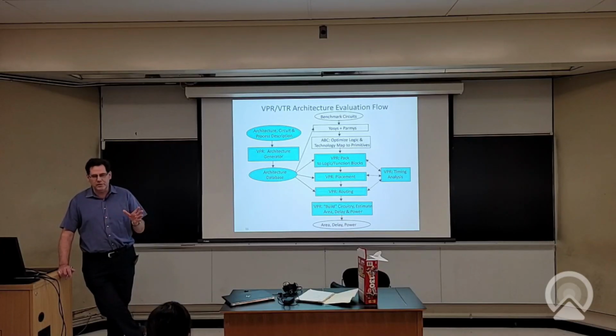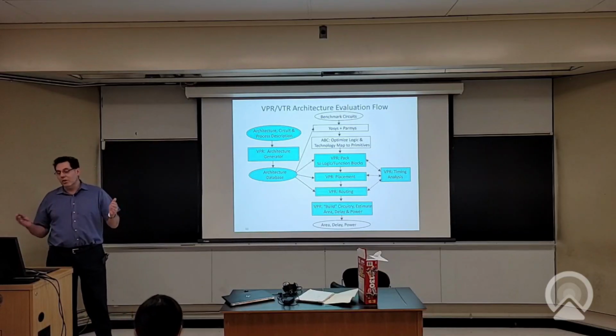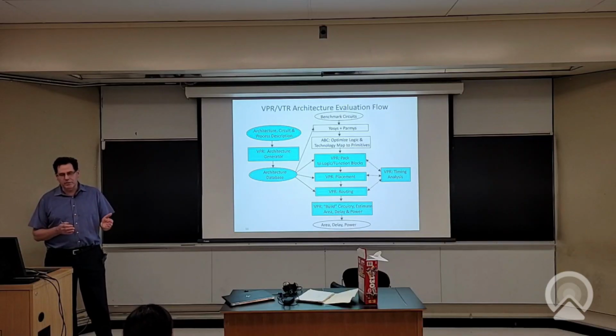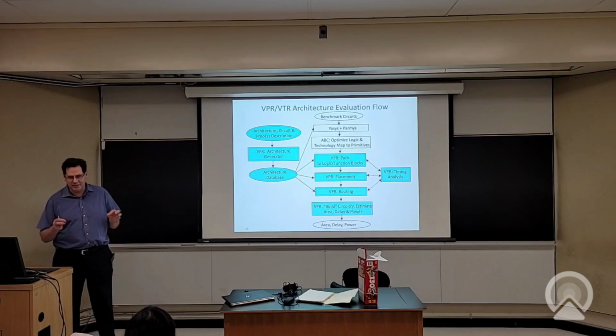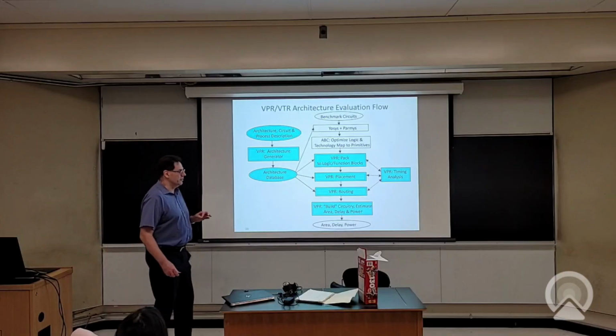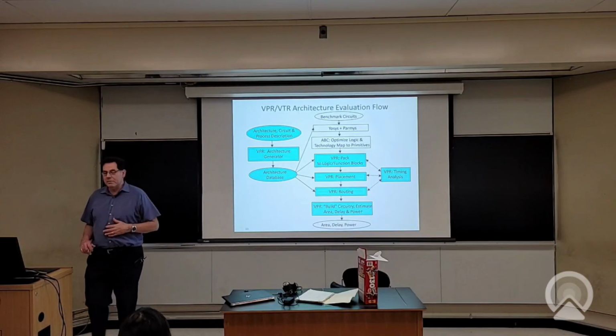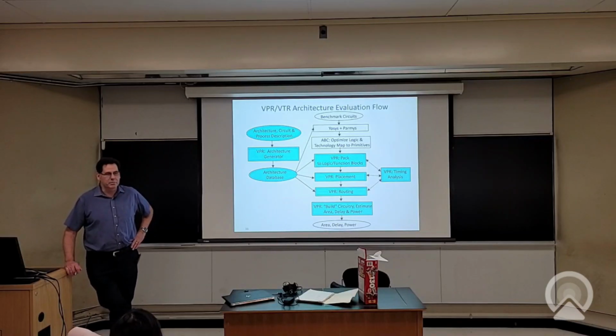Let's change the logic cluster size, right? Instead of 10 DLEs, let's put in 8, let's put in 12. Some of those are pretty easy. You might be changing 1 or 2 lines in the architecture file and then burning a bunch of compute. Some of them might be pretty hard, right? You're changing a bunch of things and it takes a while.